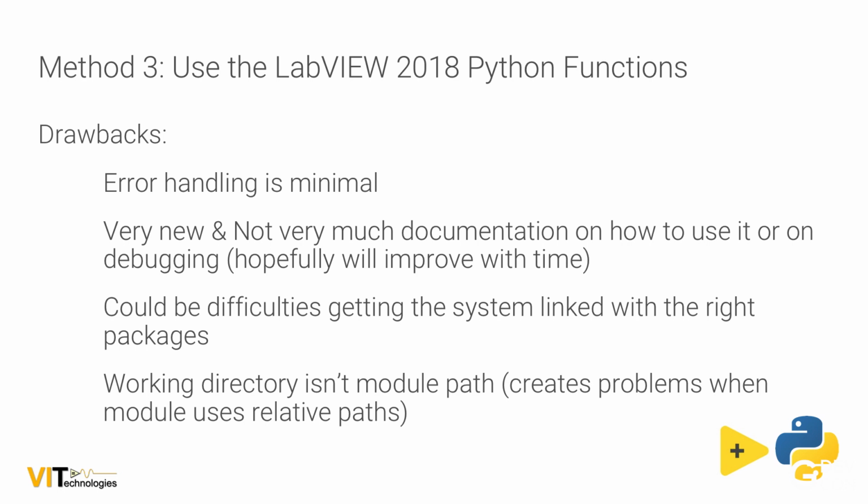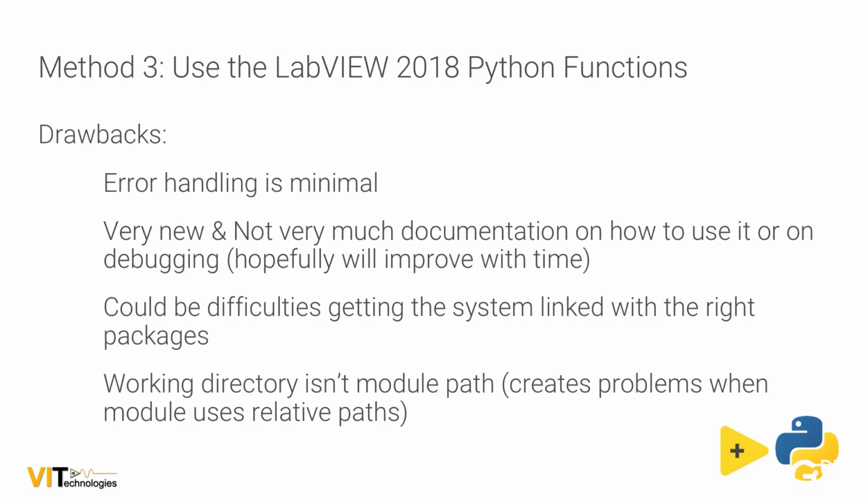So yeah, I also had some difficulties with packages. So it seems like maybe I was using it wrong. I don't really know. But there were some kinks that I found. And another weird thing, the working directory is not the module path. So in the nthought toolkit, and to me this is logical, if I'm running a module, I think the working directory would make sense to be the module path because you might have relative paths in the module.